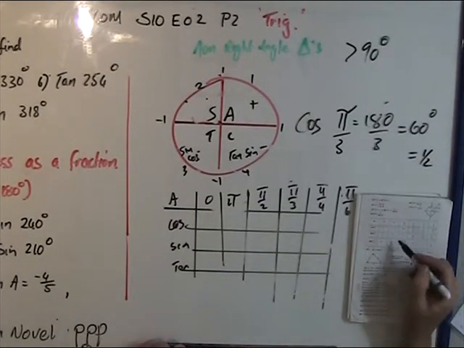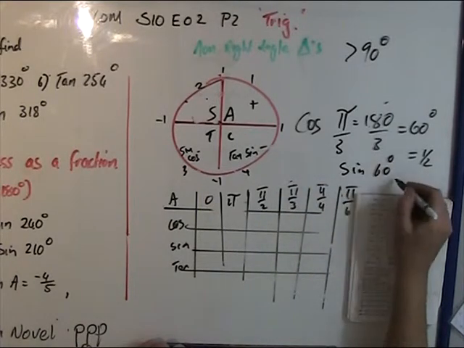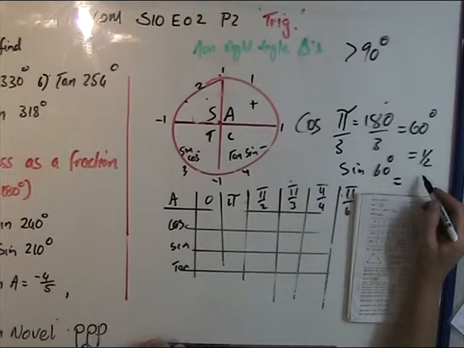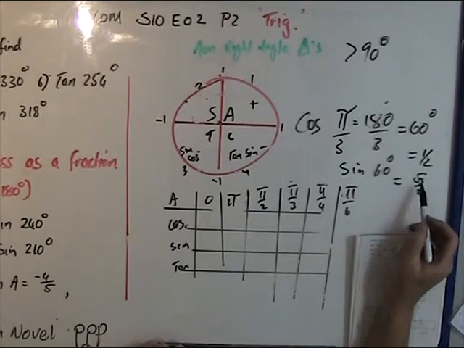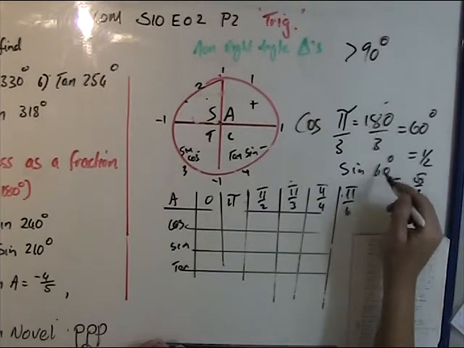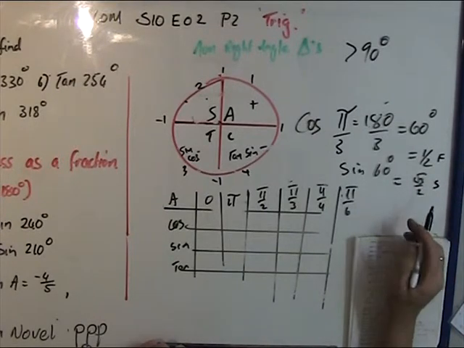Also, sine of 60 degrees is equal to root 3 over 2. In other words, this is the answer, given in surd form. So this is fractions and this is surds, because it's got a root sign. That's all you need to know.